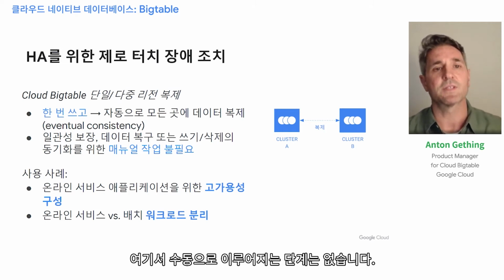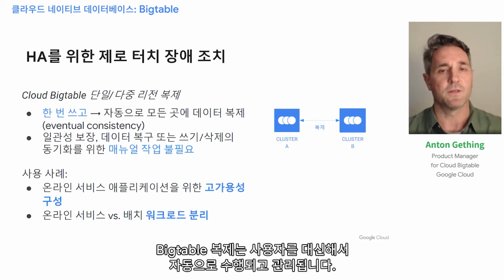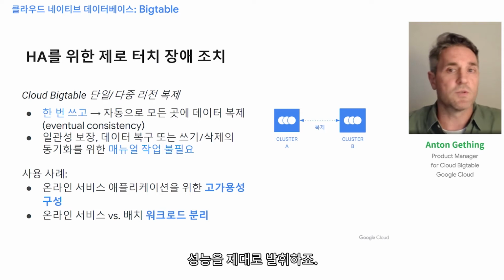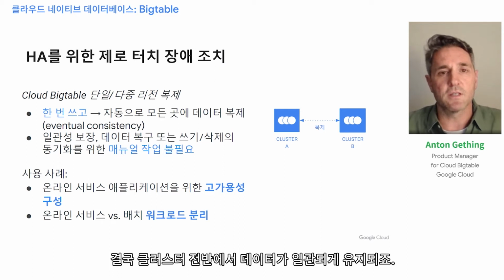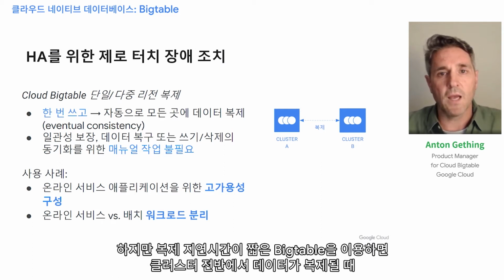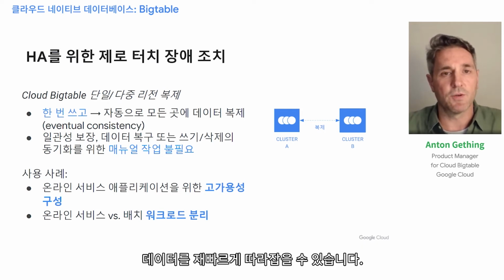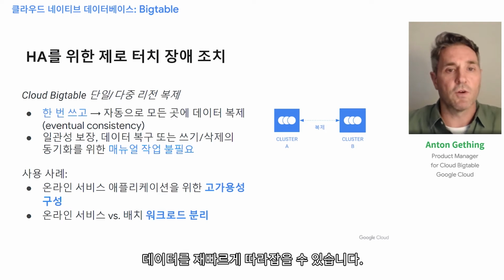There are no manual steps here. Bigtable replication is automatic and managed for you. It just works. There's no need to repair data or synchronize data. It is eventually consistent across clusters, but you can trust Bigtable with low replication latency to catch up quickly as your data is replicated across clusters.